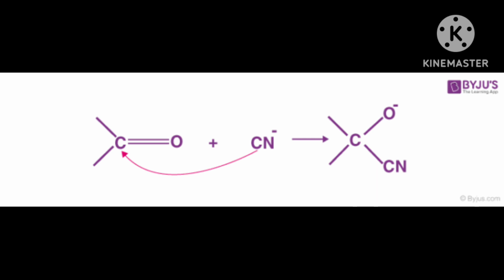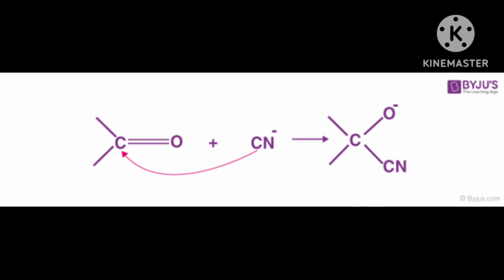Already I told you NH2, NHR, NR2, NHCOR, all these are examples of plus R. Due to these substituent groups, the plus R effect takes place. Again I am telling the names one more time: halogen, second OH, third OR, fourth OCOR, fifth NH2, sixth NHR, seventh NR2, and last NHCOR.